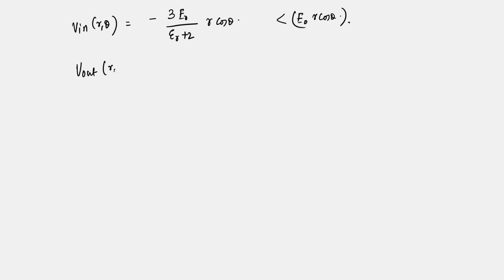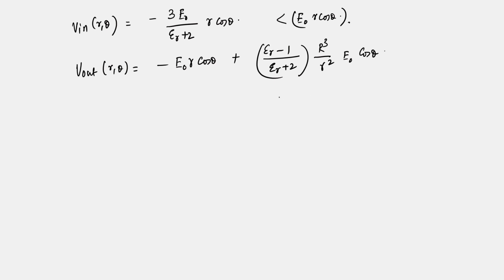Similarly, we have V_out(r, theta) equal to minus E_0 r cos theta plus (epsilon_r - 1) divided by (epsilon_r + 2) times R^3 by r^2 times E_0 cos theta. Now, this term will go to 0 for r going to infinity, and we will be left with only the first term, which is what is expected.